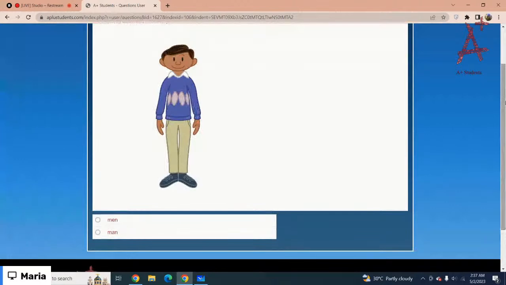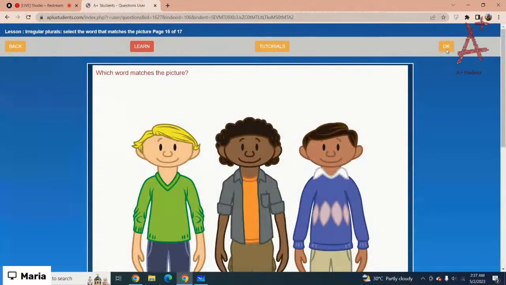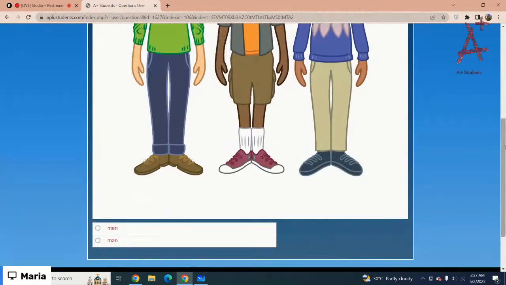Man or men? Which is the correct option? The singular one is man. If they are more than one, it would be men. Which word matches the picture? Man or men? Which is the correct option?